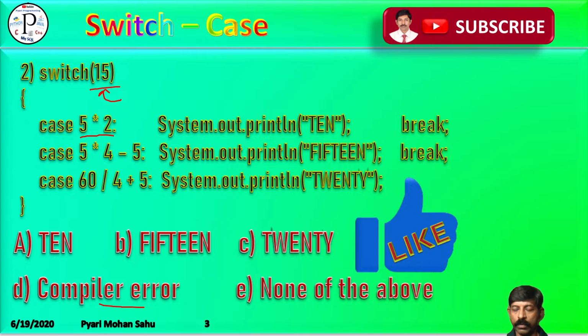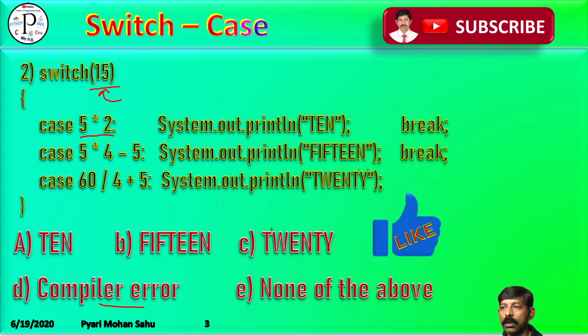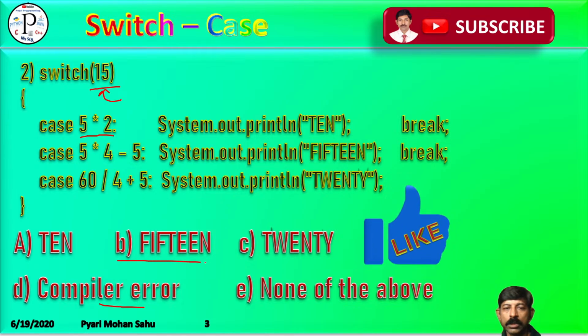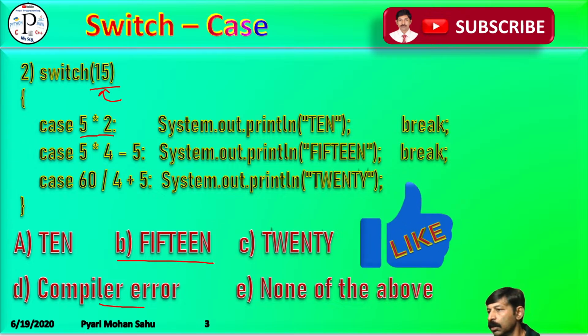So how many of you have given the answer? Okay, the answer is B: 15 is going to be displayed. One answer I got from Pragjyoti.